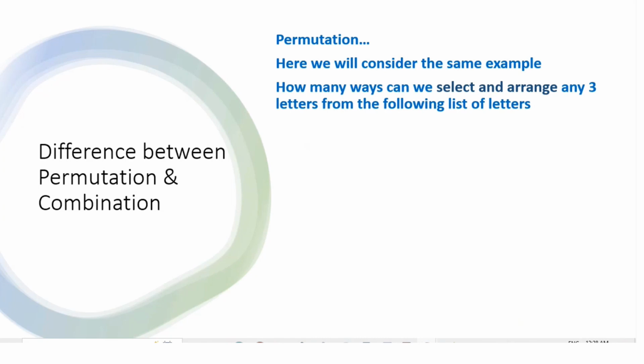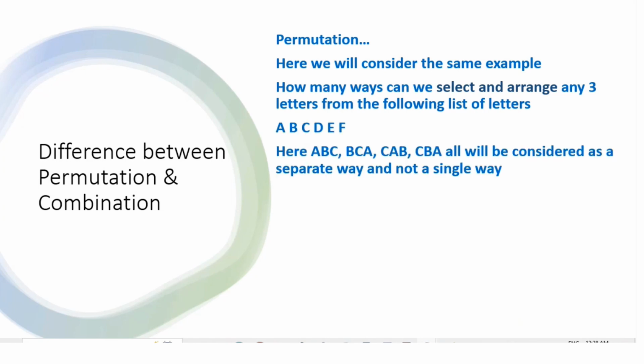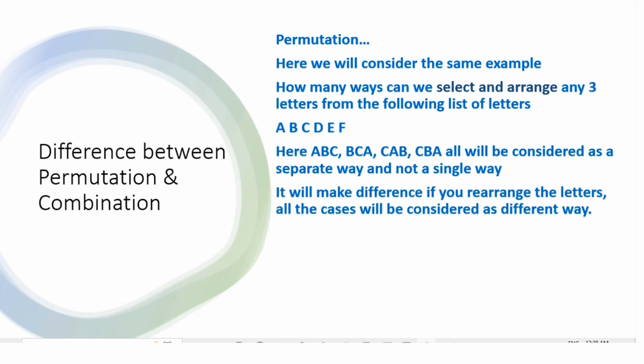Now we will see permutation. Permutation is considered as selection and arrangement. So we will consider the same example. How many ways can we select and arrange any 3 different letters from the list of letters? Here, ABC, BCA, CAB, CBA will all be considered as separate ways and not a single way.